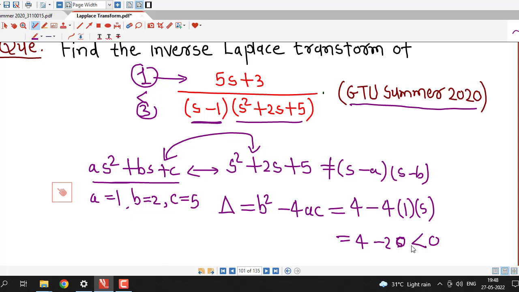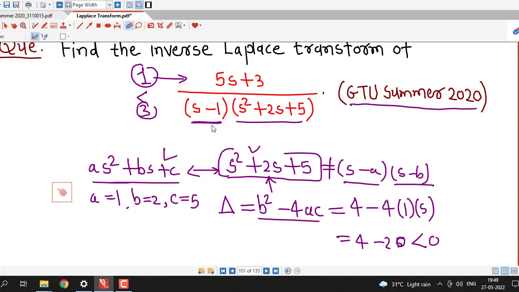So because b square minus 4ac is negative, we cannot factorize this into real linear factors in the real variable s. We cannot write this quadratic factor as a product of two real linear polynomials. Therefore this is an irreducible factor.